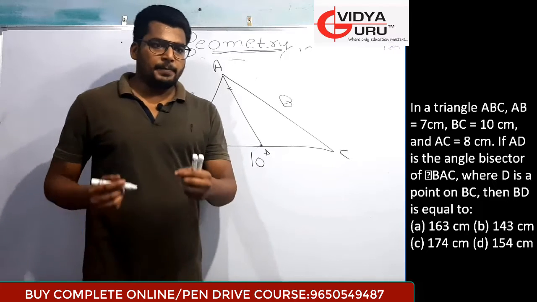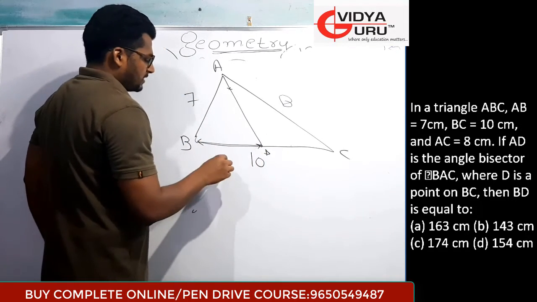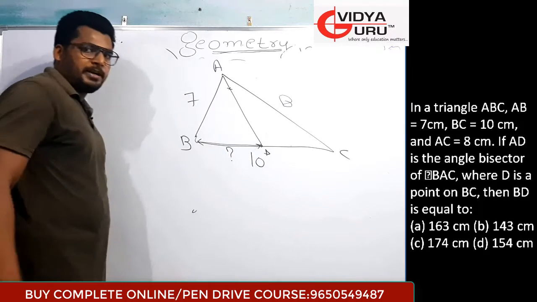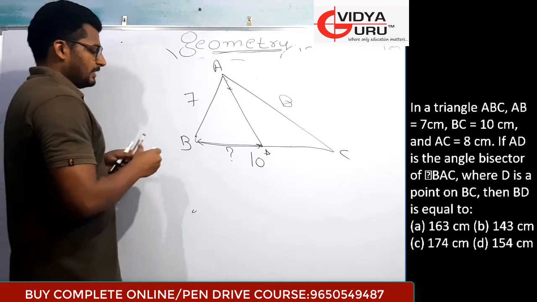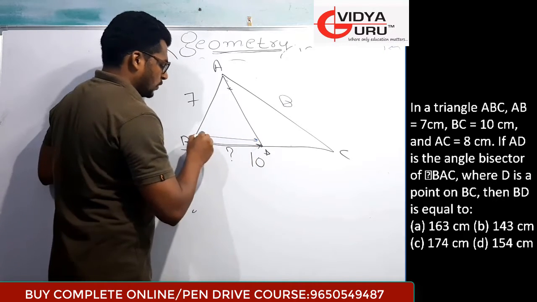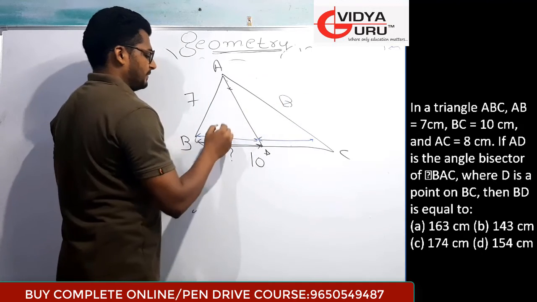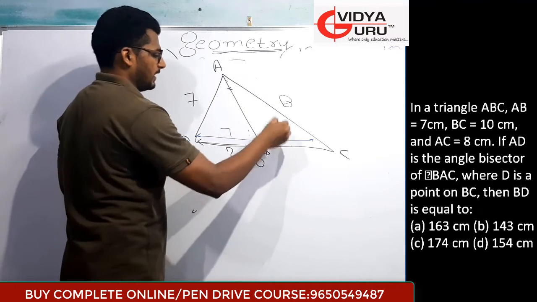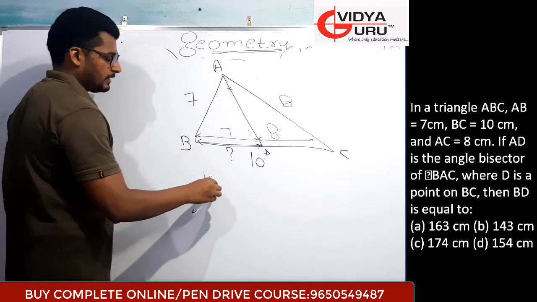Then BD is equal to what? Now I have just told you how to find BD. If this is the angle bisector, then these two sides will be divided in which ratio? 7:8. That means 7 plus 8 is 15.